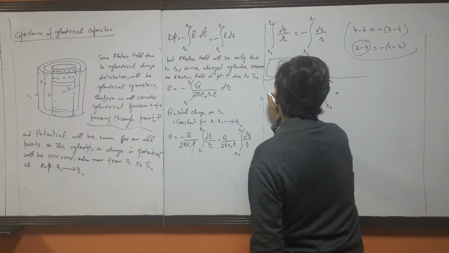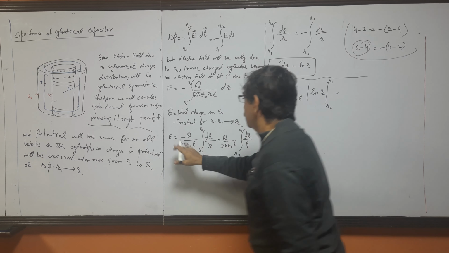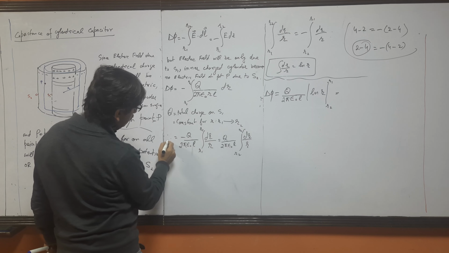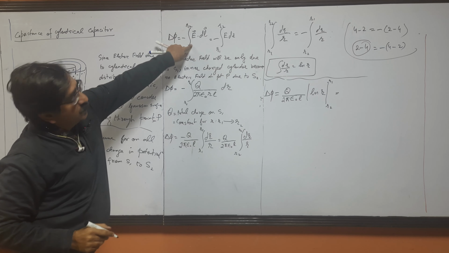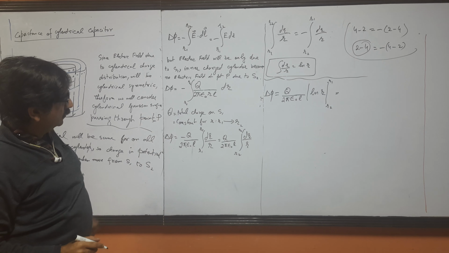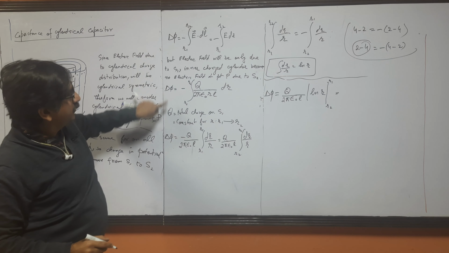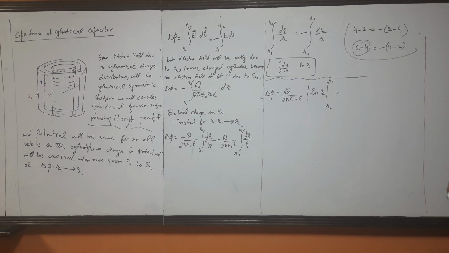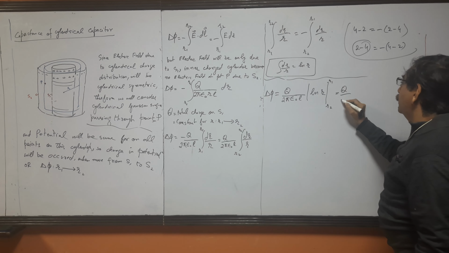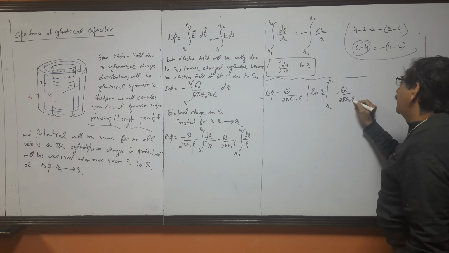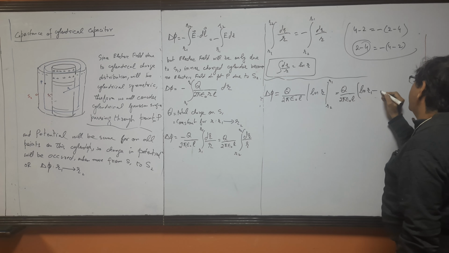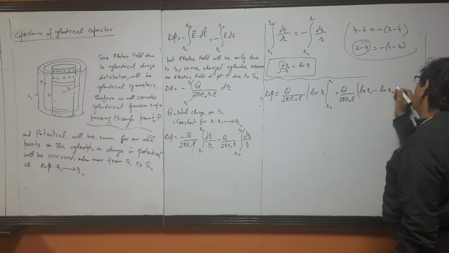Sorry, this is not E, this is delta phi. This was delta phi, please correct it. Okay, one minute. Delta phi is Q over 2 pi epsilon L times log of R1 minus log of R2.